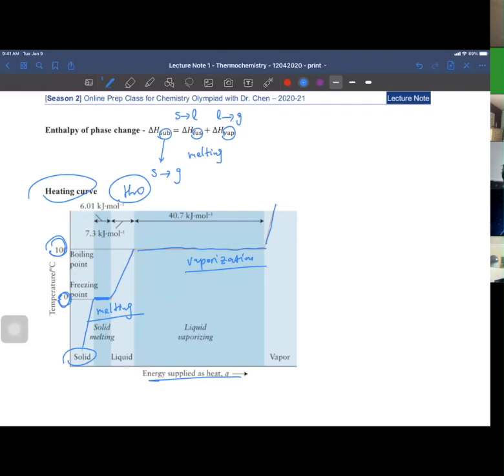It also shows the delta H for the melting process. Wait a second, which is not here, which is here. The delta H of the vaporization process.